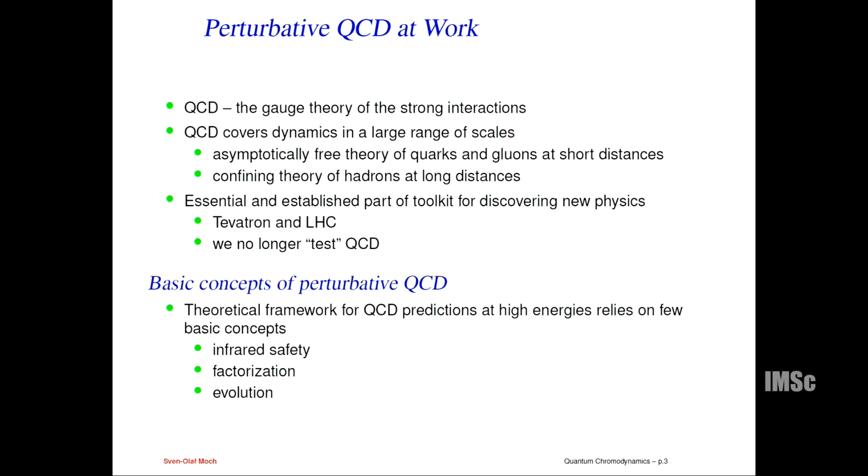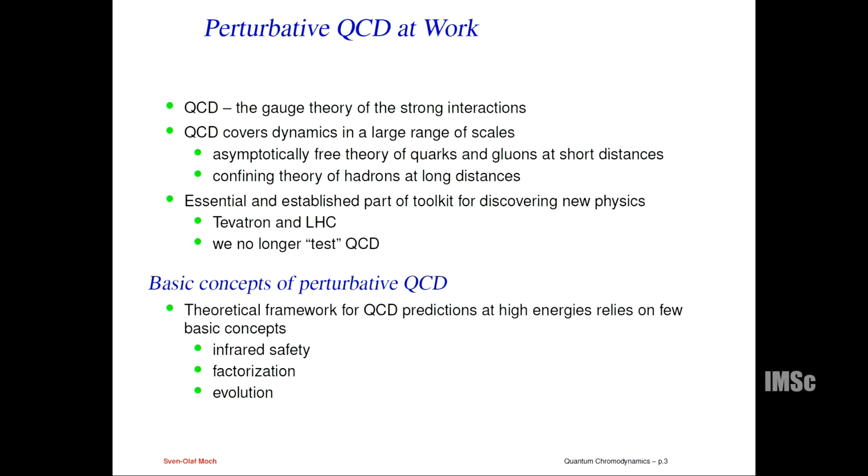My approach to QCD is basically that it is the gauge theory of the strong interactions. As such, it covers the dynamics on a very large range of scales, from basically hadron scales all the way up to high energy scales at the LHC. And it is essentially established.